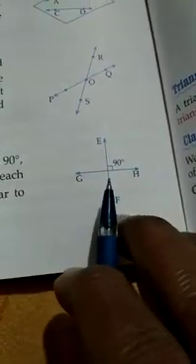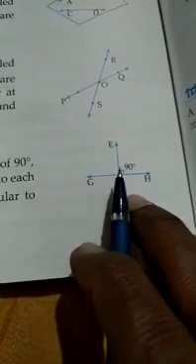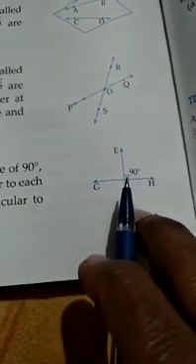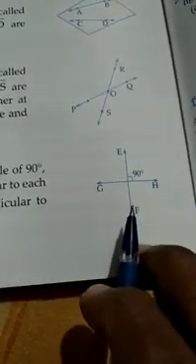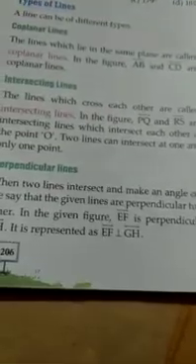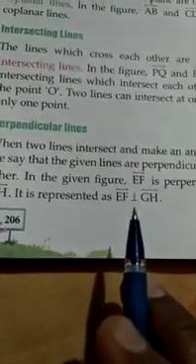Here you see this example. There are two lines GH and EF that intersect at 90 degrees. So you can say that EF is perpendicular to GH, and the symbol of perpendicular is this.